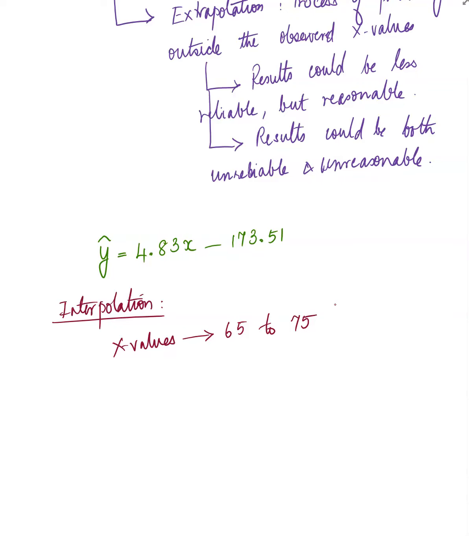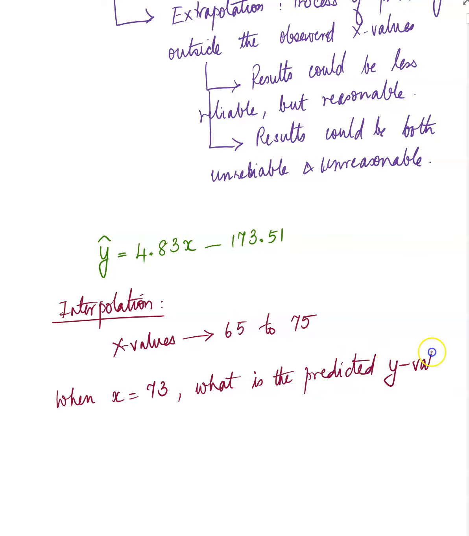Okay, interpolation is reliable and reasonable, so we like to do that. So let's perhaps get a prediction for when x is 73. When x is 73, what is the predicted y value?